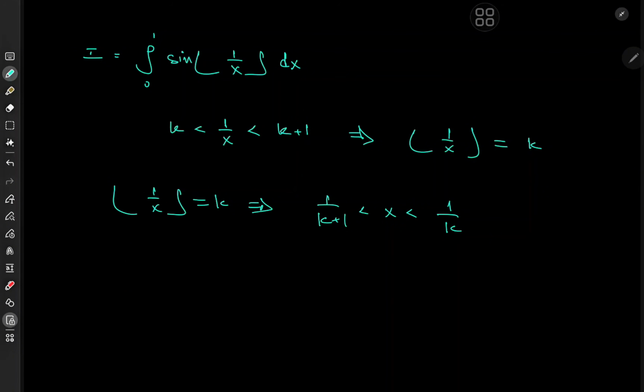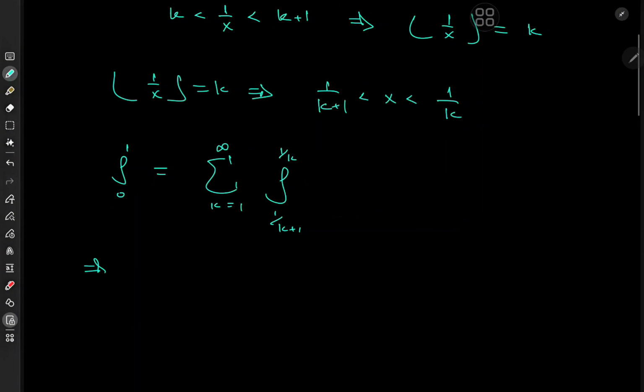So what we could do is decompose the integral from 0 to 1. We'll write out the integral from 0 to 1 as the sum over k from 1 to infinity of the integrals from 1 over k plus 1 to 1 over k, and that should do the trick for us.